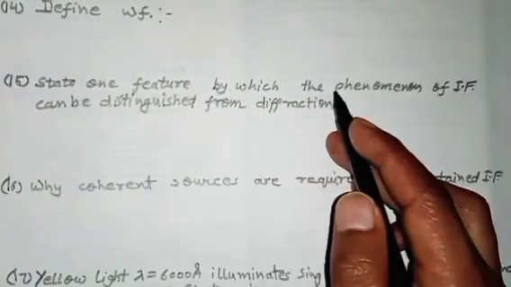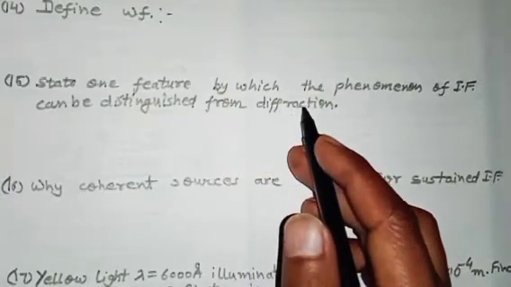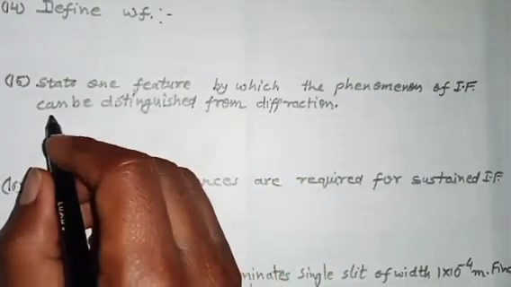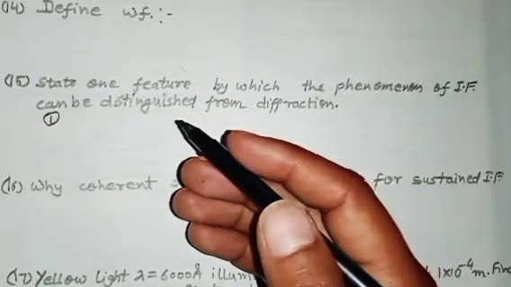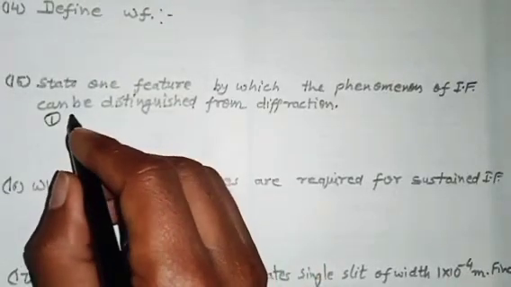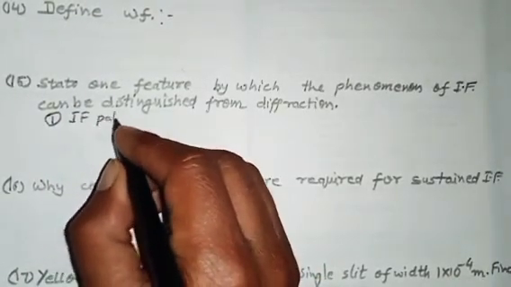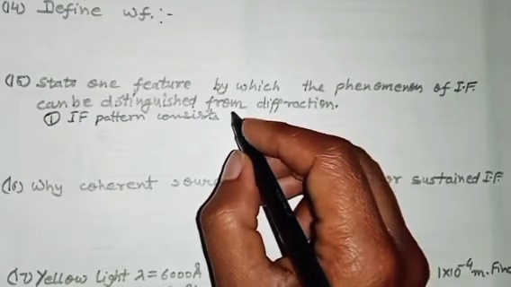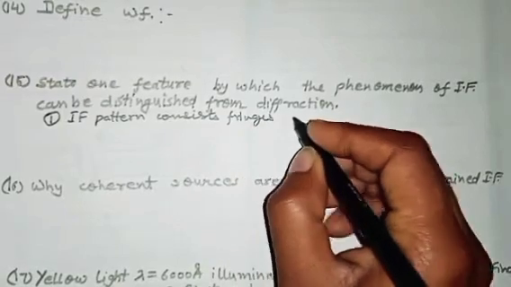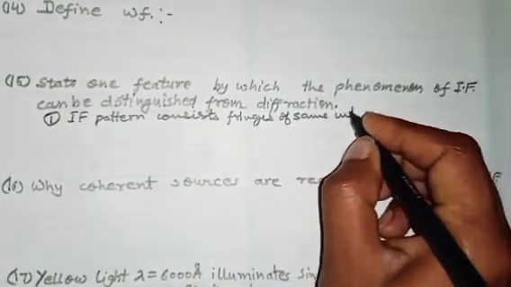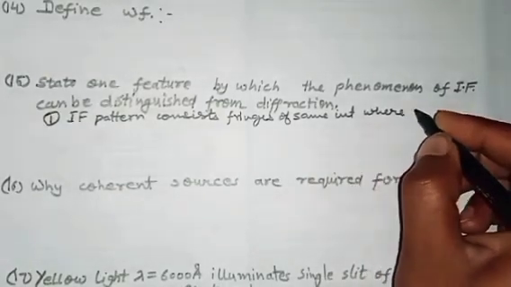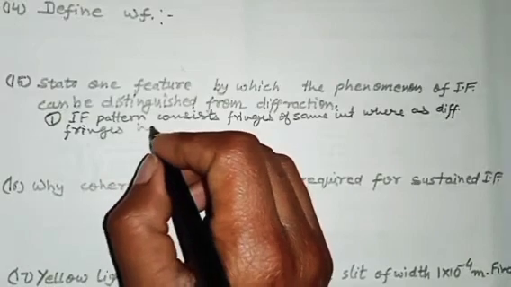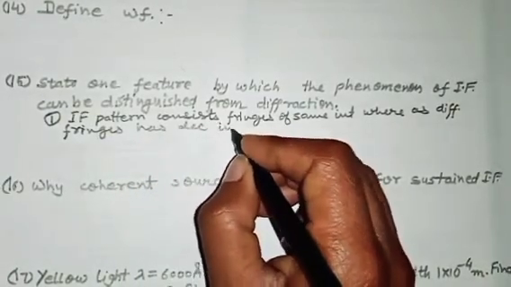State one feature by which the phenomenon of interference can be distinguished from diffraction. One feature, we can write many of them. Actually they want to ask about the distinction between them. So first thing, interference pattern consists of fringes of same intensity, whereas diffraction fringes have decreasing intensity.